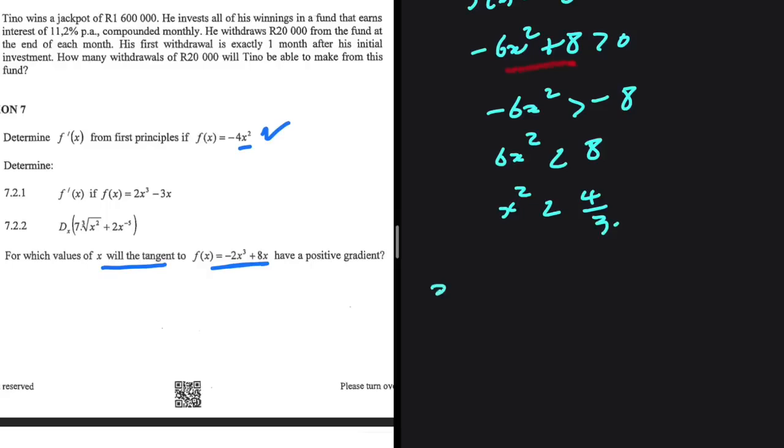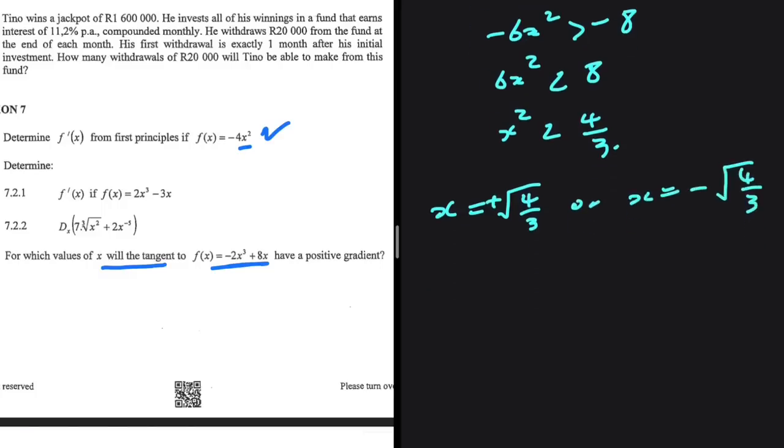We're going to have x being equal to the square root of 4 divided by 3, or x being equal to minus the square root of 4 divided by 3. But if you go ahead and evaluate, x is between minus the square root of 4 divided by 3 and plus the square root of 4 divided by 3.